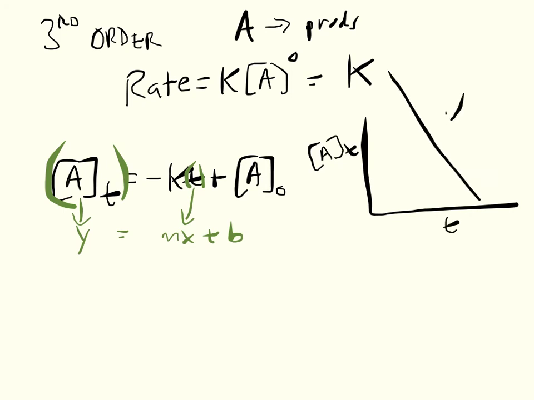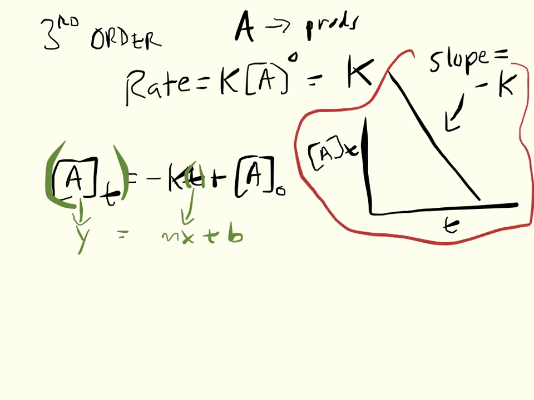So here's our line with the slope equal to negative K. So again, what you need to be able to recognize is if you have a graph with a plot of A sub t on the y-axis and t on the x, and it's a negative line, you know right away that this should say 0.